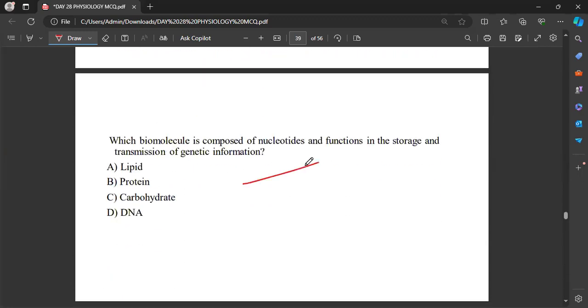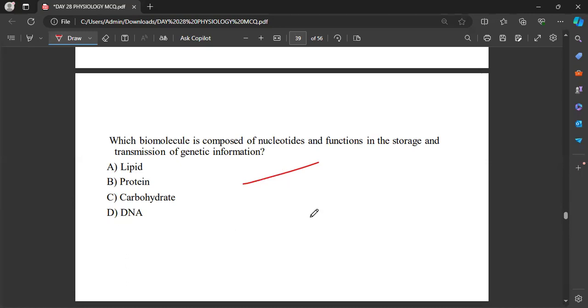Which biomolecule is composed of nucleotides and functions in the storage and transmission of genetic information? Oh, okay.